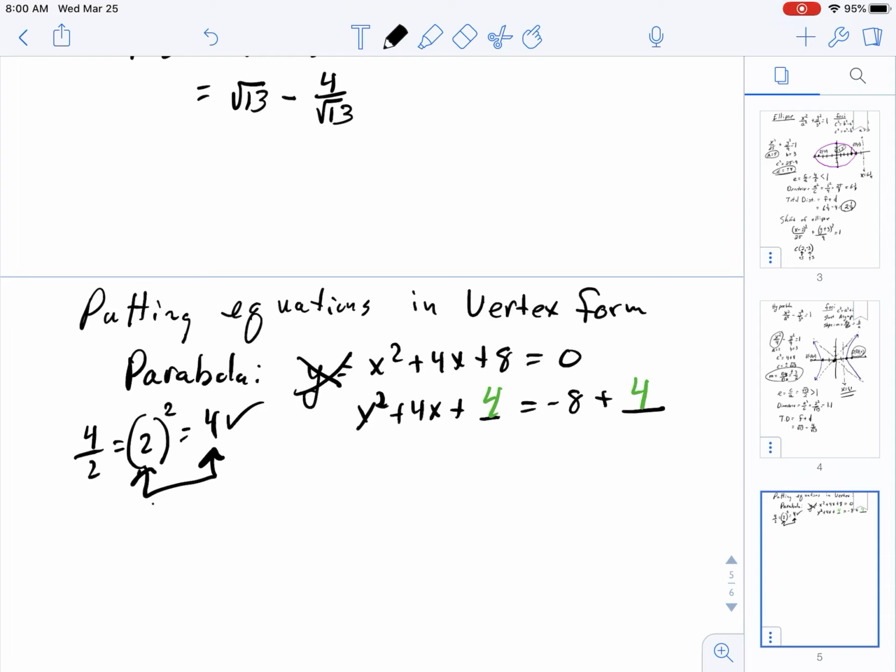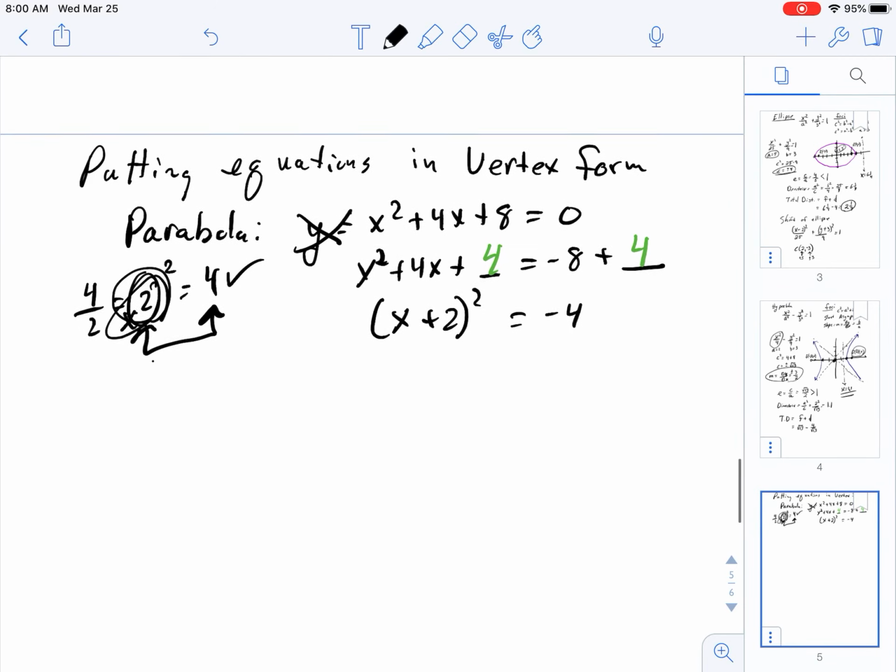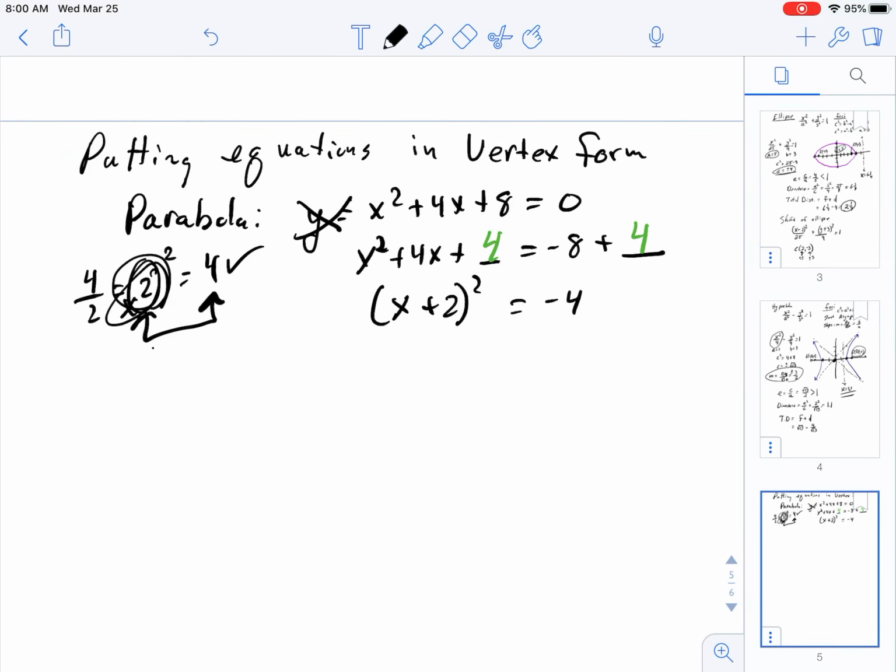Then the next piece here, the 2, is what goes inside. So basically all you have to do is go x, whatever this number is, inside the parentheses. So you have x plus 2 squared equals negative 4. Then move that over. x plus 2 squared plus 4. Drop the equal sign, bring back your y equals.